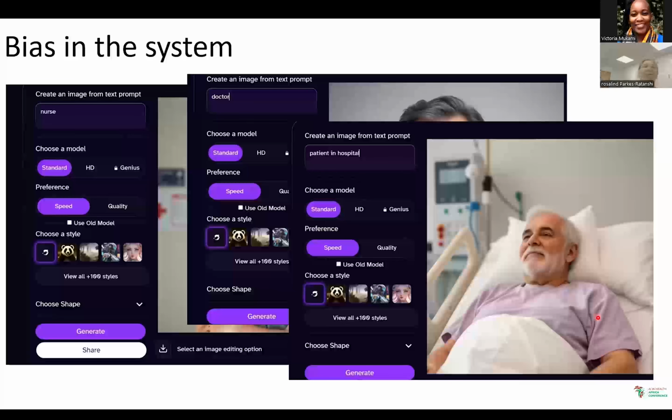downloading for free, especially the free versions. They are taking what is from the web to train their tools. What is from the web is skewed to high income Northern European and American countries, especially when it comes to English.